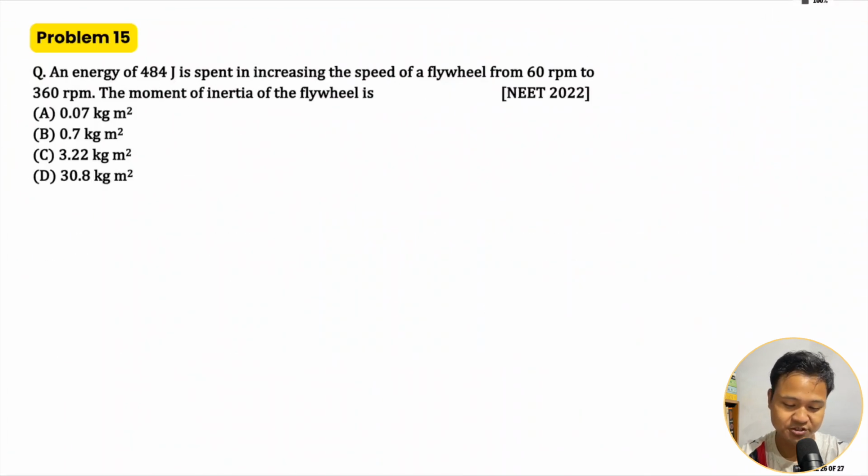Last second question. Energy is spent in increasing the speed from 60 rpm to 360 rpm.